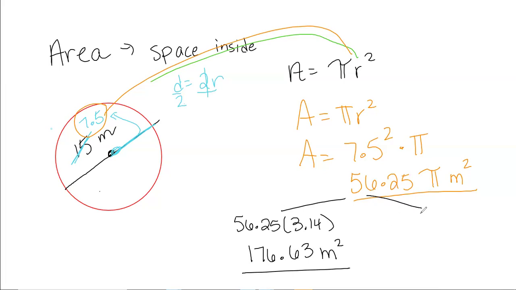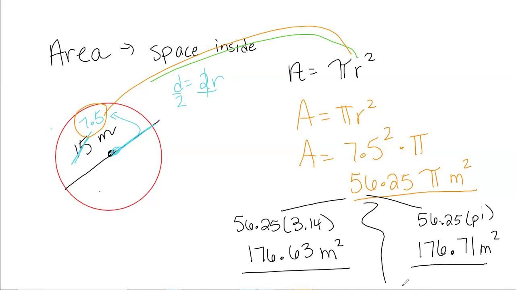Or do 56.25 times your pi button on your calculator, and let's round off. And that's 176.71 meters squared. So again, close, but there is a little bit of difference there. It just depends on your teacher or your worksheet or whatever, what you're going to do.